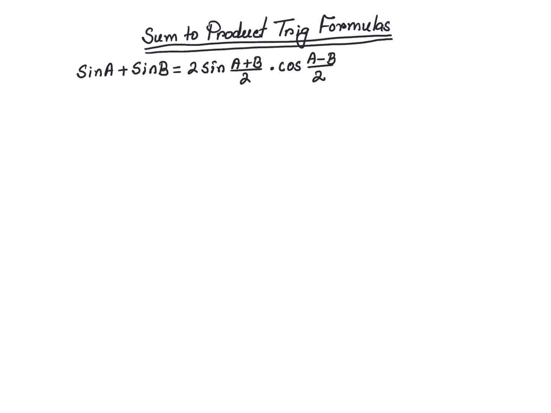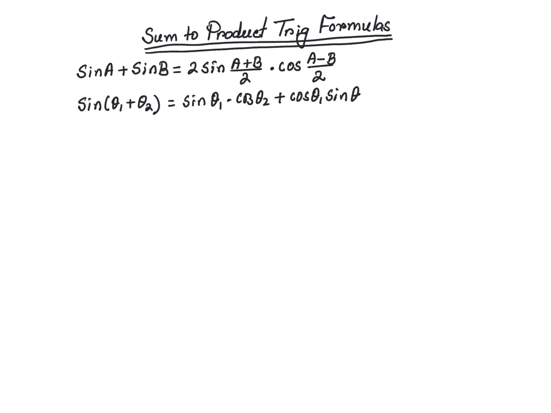So let me remind you of the sine formula. Sine of theta 1 plus theta 2. I'm using theta 1 and theta 2 so that I don't use A and B. So sine of (theta 1 plus theta 2) is equal to sine theta 1 times cosine theta 2 plus cosine theta 1 times sine theta 2.